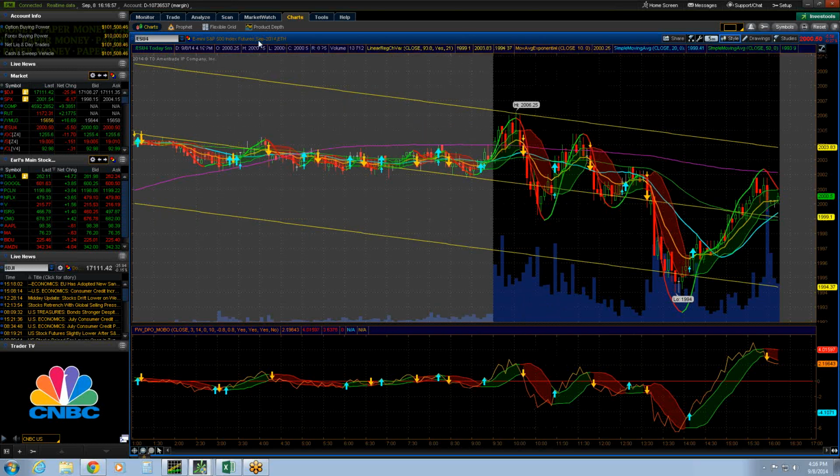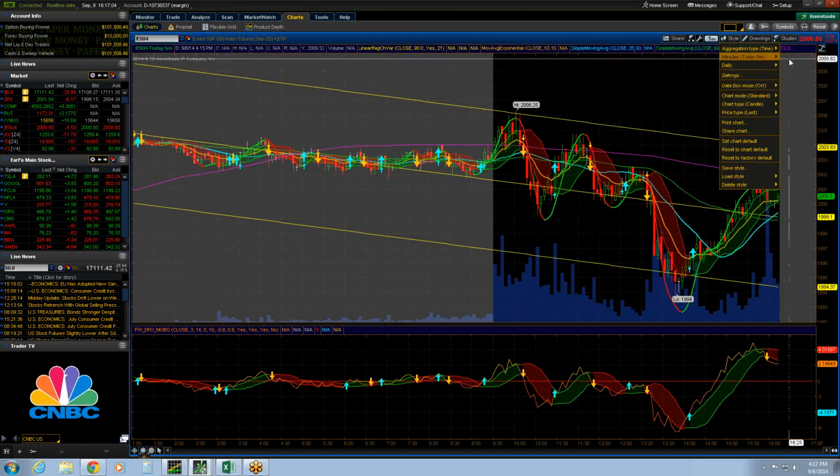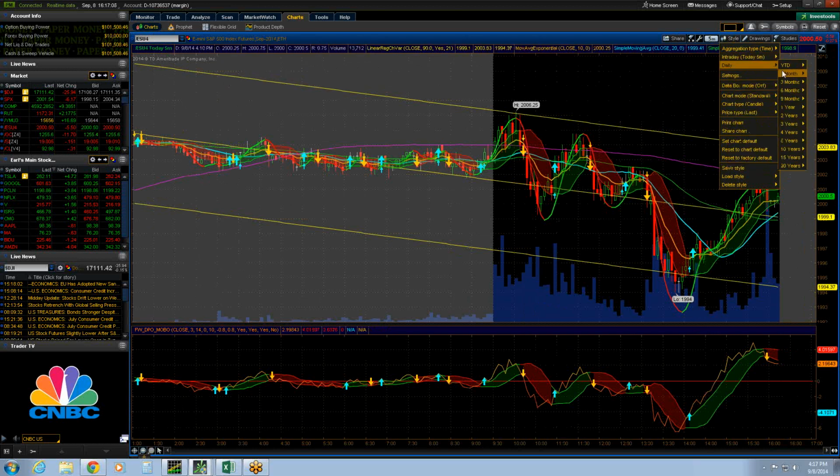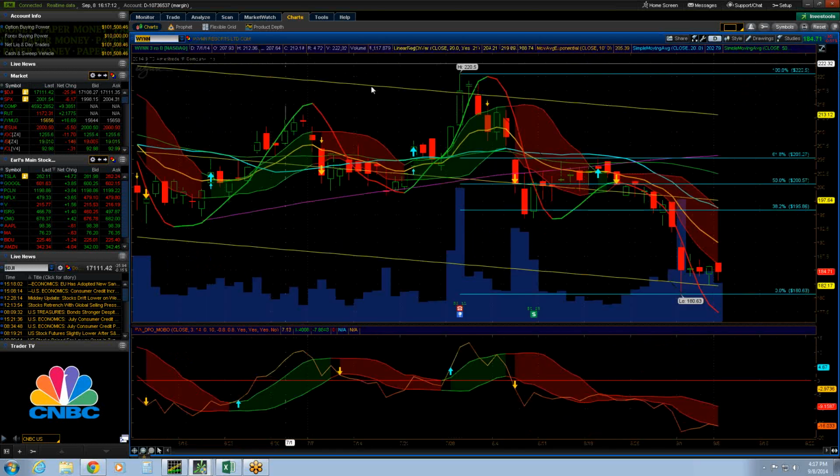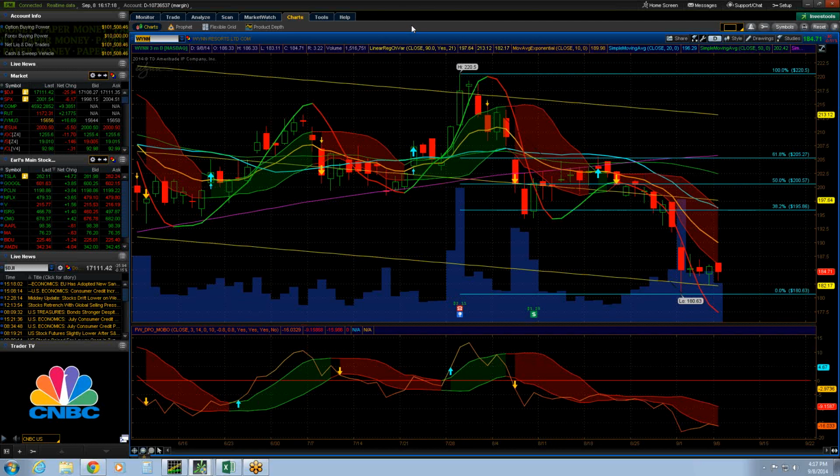Now, one of the other techniques that I use, so you guys know some of the things that I do, let me change this back to a 3-month chart. There are two moving averages that I learned from a pretty successful trader out in Arizona, and he got it from floor traders.